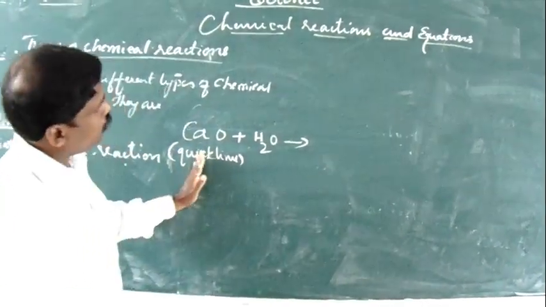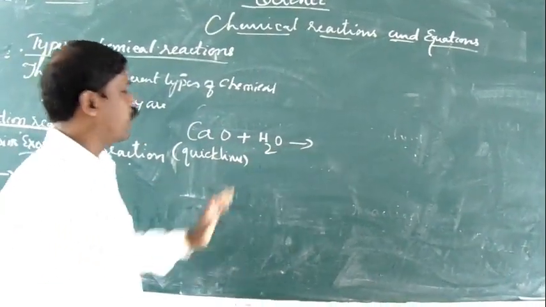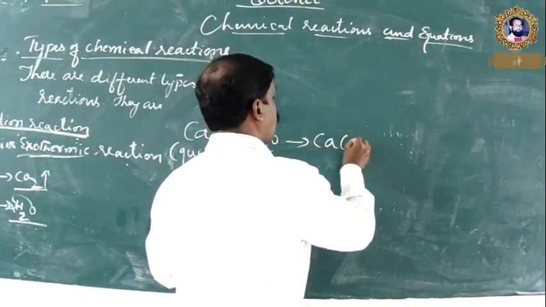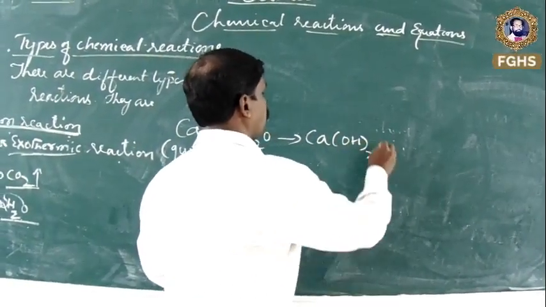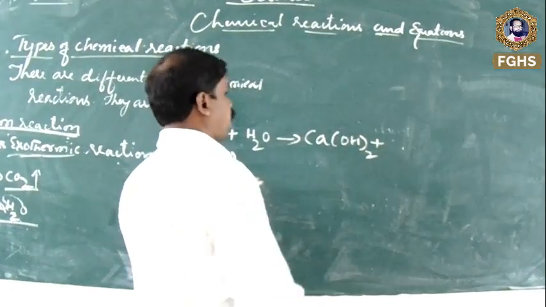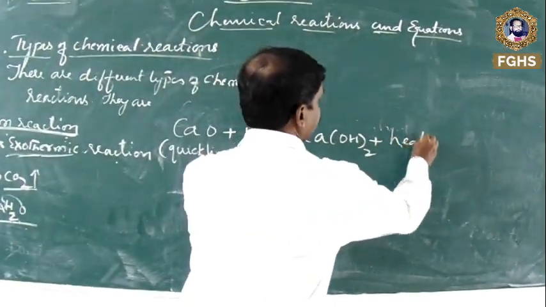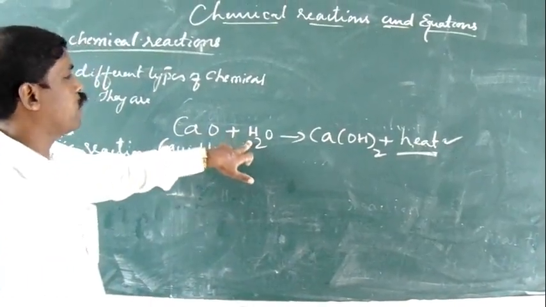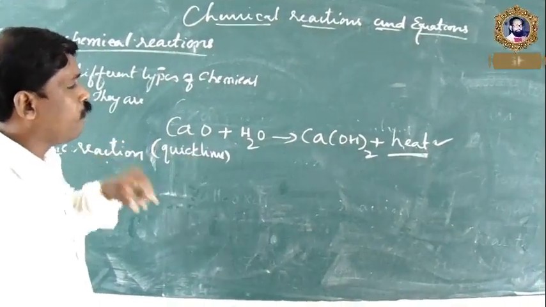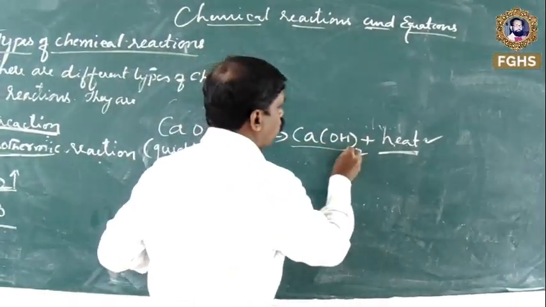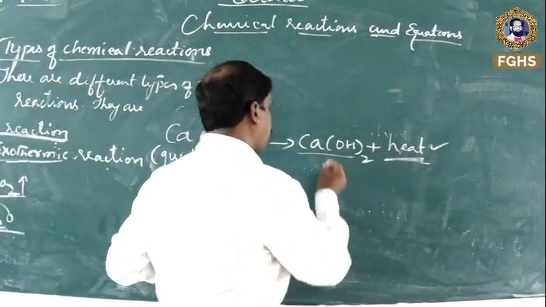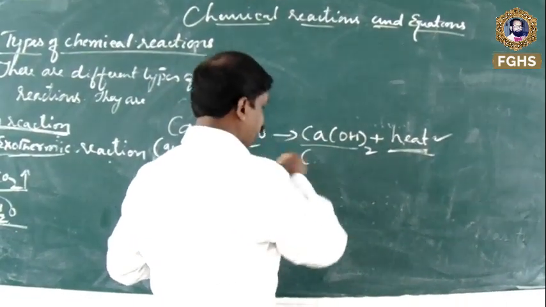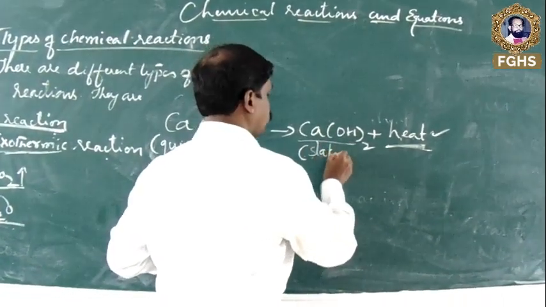When calcium oxide reacts with water, it gives calcium hydroxide plus heat. This is very important. Calcium oxide reacts with water to give calcium hydroxide plus heat. This is also called slaked lime.